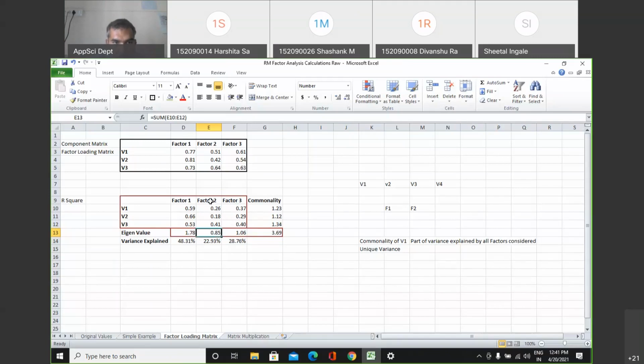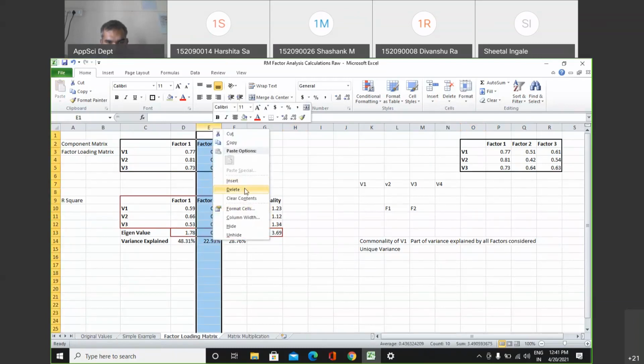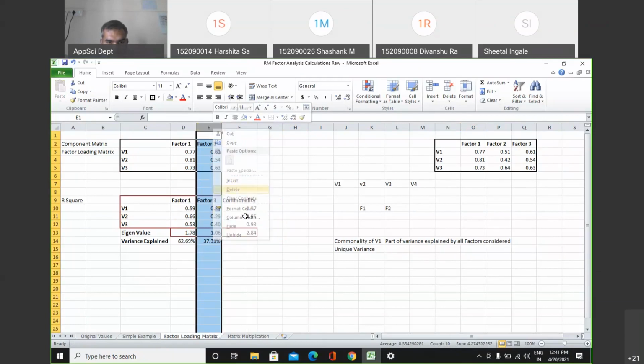We can do that, though it might get a bit messy. Actually, I'll keep a copy of this at one safe place. Then we can do these things. I can remove this, but it's not necessary.